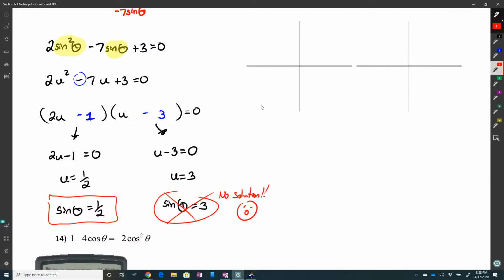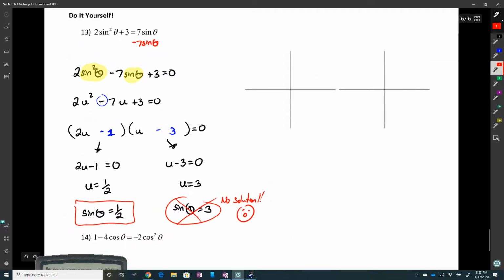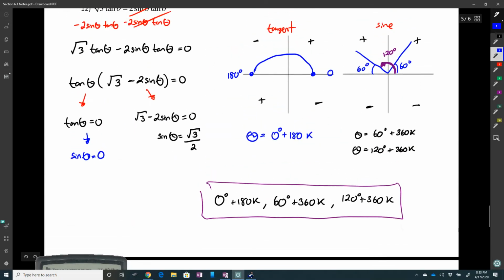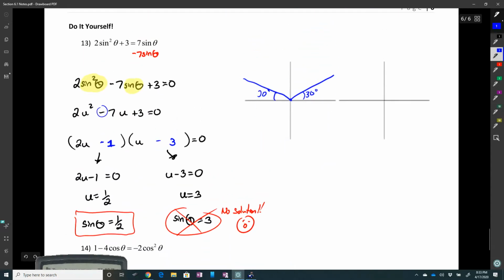So when is sine equal to 1/2? Turns out to be 30 degrees. So again, we have 30 degrees here, 30 degrees here. Oh, I did the last one in degrees, so I'm going to do this one in radians. Sorry, I'm just trying to change it up. So if we did this in radians, it would be pi over 6.